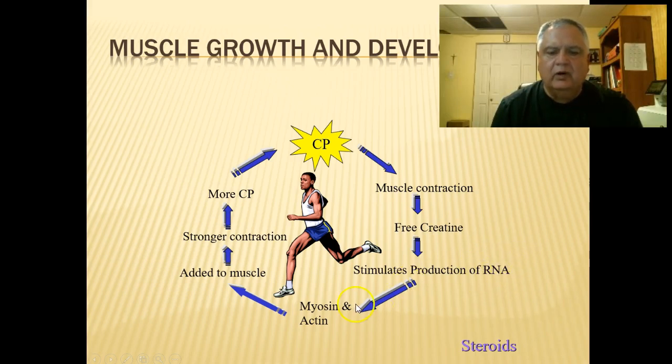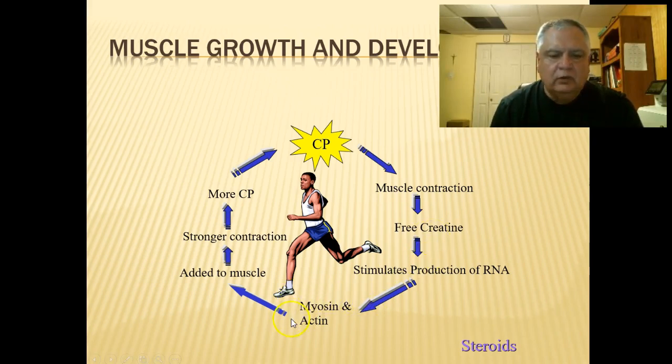We're going to want to build more myosin and actin. Why? Because if we have this free creatine here, we're going to want to respond to it not only by producing the messenger RNA, but by producing more creatine phosphate supplies. We're going to need myosin and therefore actin to store the additional creatine phosphate supplies.